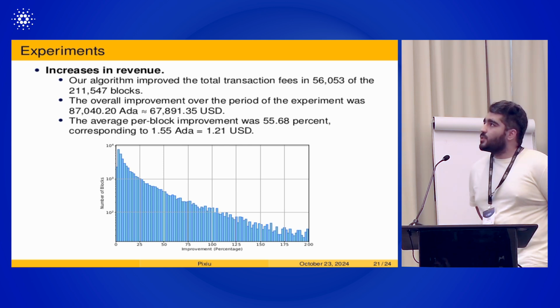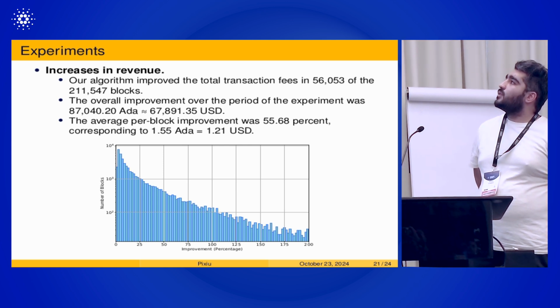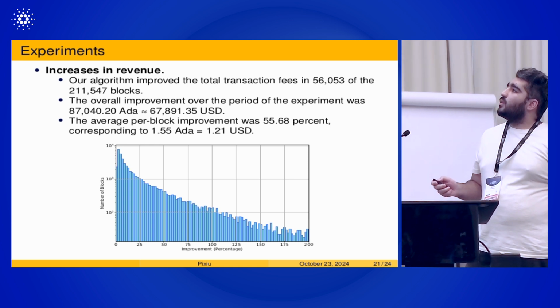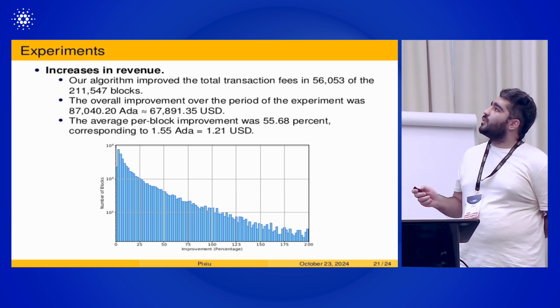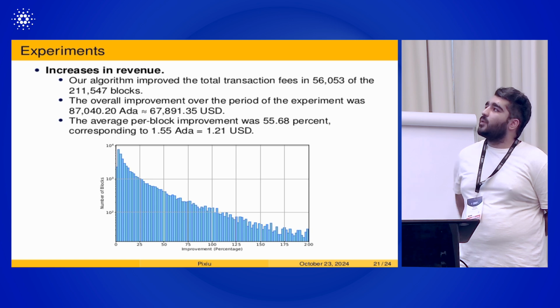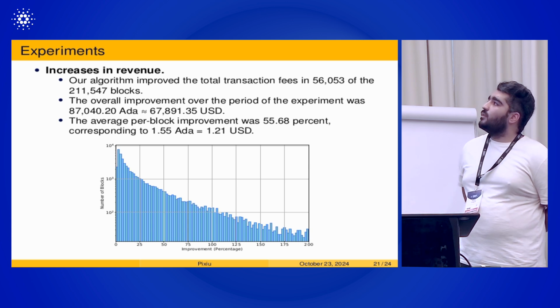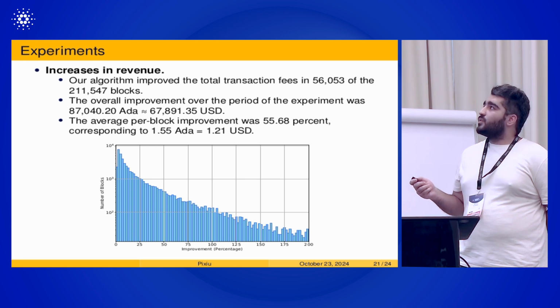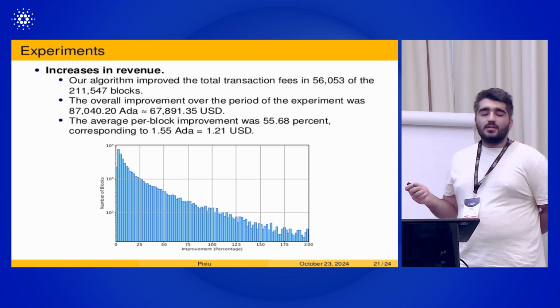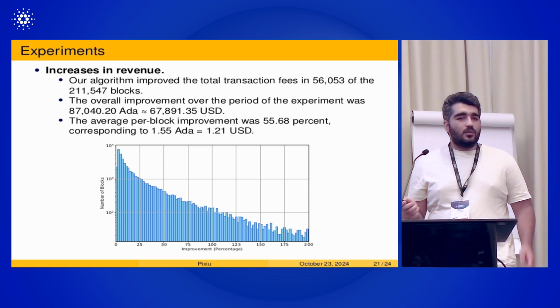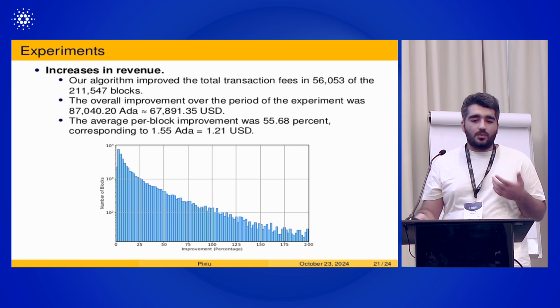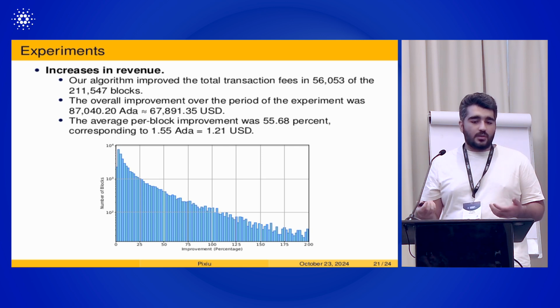So we ran our algorithms on all these blocks. And in total, we could improve on 50 days. In total, we could increase the profit of miners by 67,000 US dollars, or on average, per block, $1.21, which is really nice because this data is already there, right? You don't need to reach for a better pool, or increase the block size, because these are the input parameters of this program.